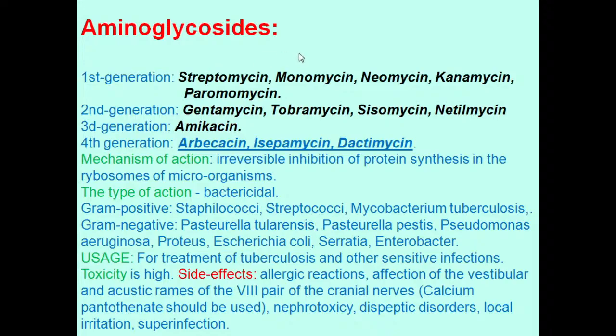Aminoglycosides nowadays also include several generations of preparations. The first generation, oldest, includes streptomycin, monomycin, neomycin, kanamycin, paromomycin. They are almost not used.